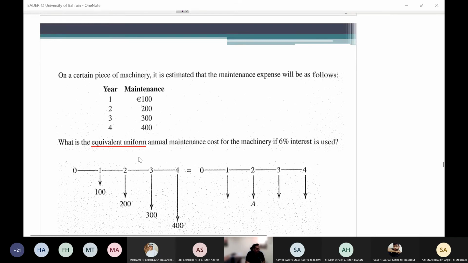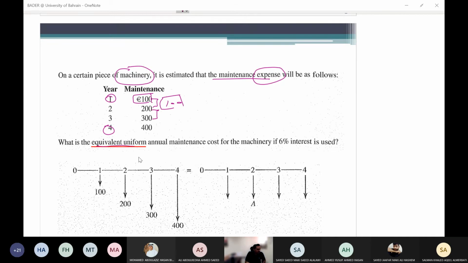So I will, okay. A certain piece of machinery is estimated that the maintenance expenses, look at this, I'm reading the words, but I'm not taking a decision. As follows, the maintenance for year 1 up to year 4. Let's look at this if there is a consistency. And as you can see, the consistency is 100. So I have 2 compartments. Like a train, you ask how many compartments? 2 compartments.